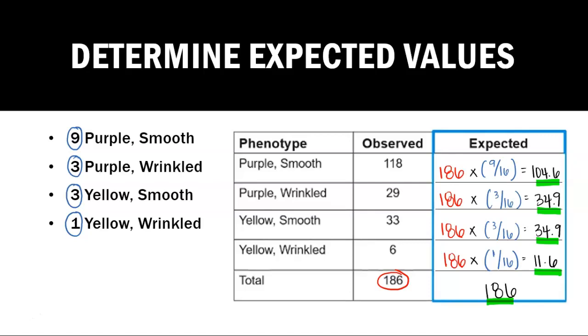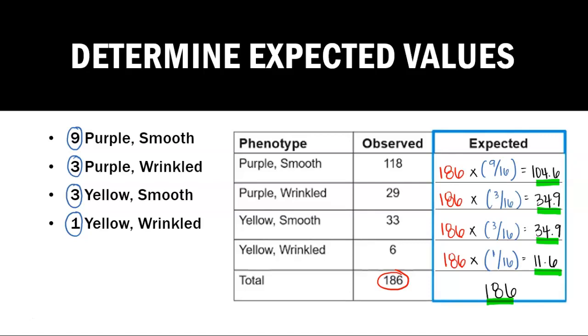So 186 times 3/16 for my purple wrinkled, 186 times 3/16 for my yellow smooth, and then 186 times 1/16 for my yellow wrinkled. And the numbers underlined in green were the values that I got when I plugged those numbers into the calculator. One thing that I like to do is make sure that my expected values have the same total as my observed.